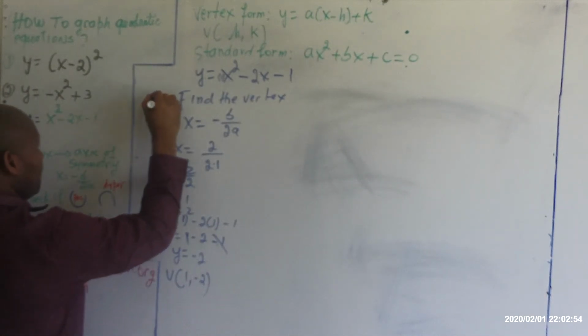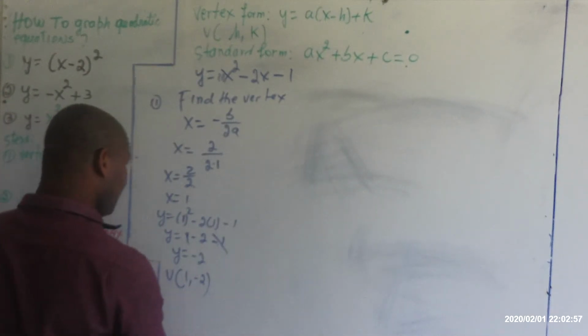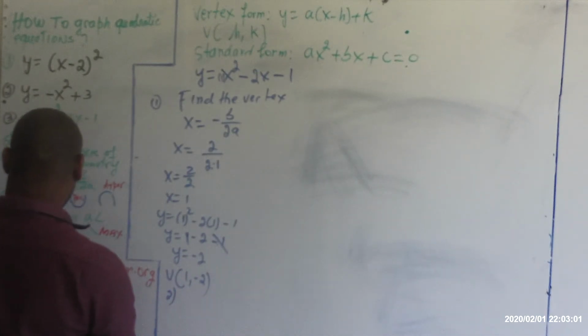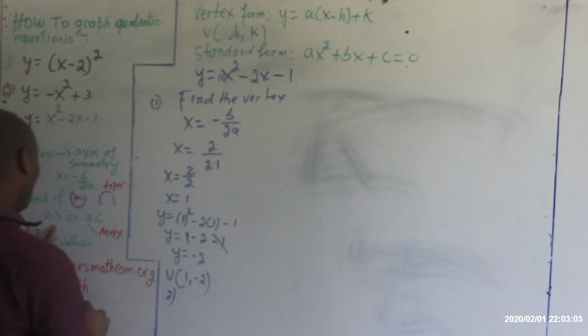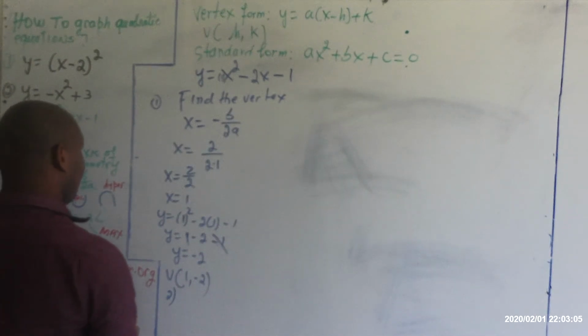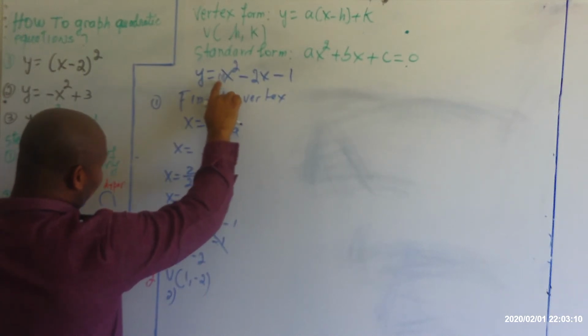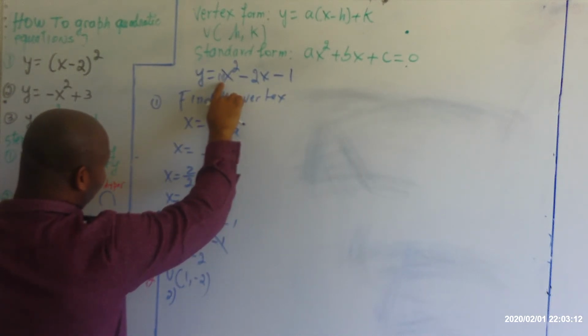The second step is to check where my graph is going. When I check the coefficient, I see the coefficient is positive.